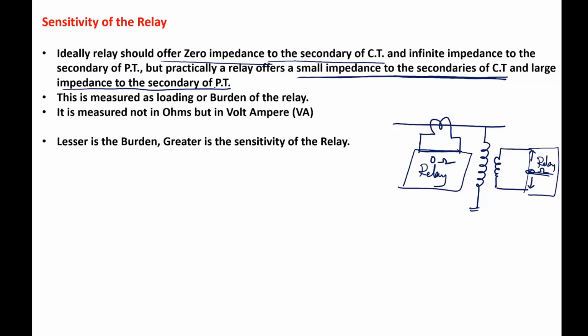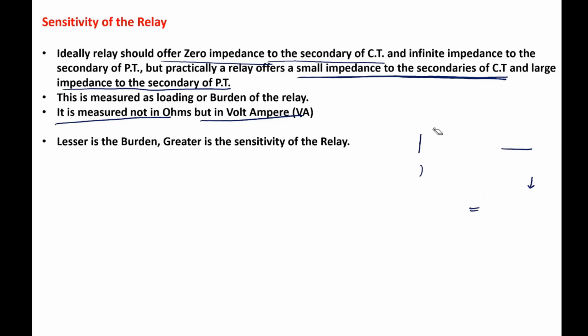This impedance we call loading or burden caused by the relay on the secondaries of CT or PT. It is not measured in ohms, it is measured in volt amperes. Understand?